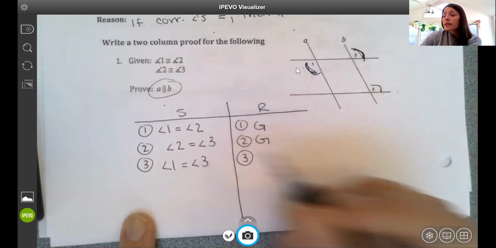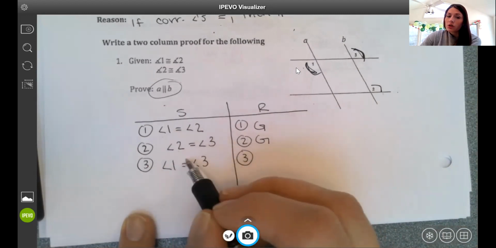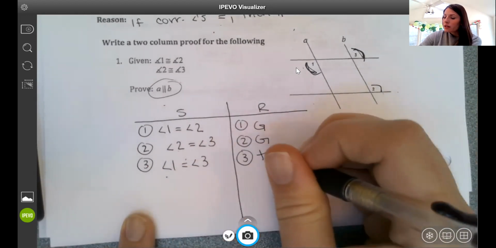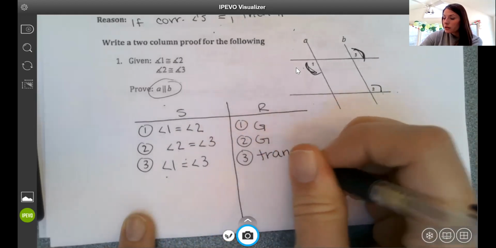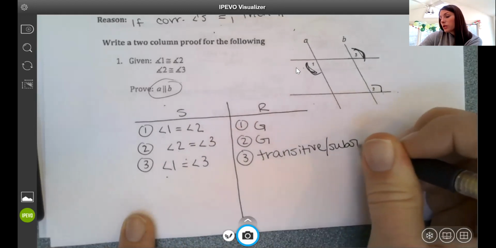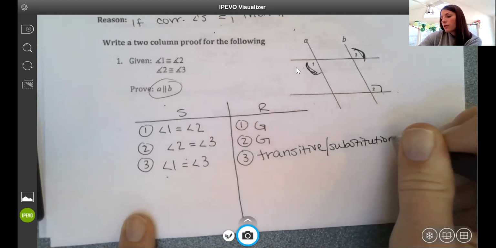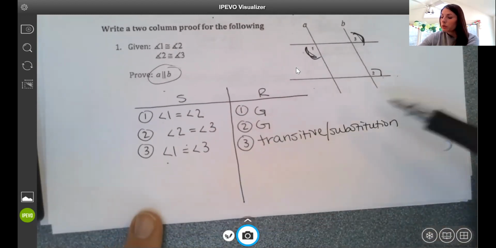Now, I would take substitution because technically you could say 1 and 2 are equal, so I could substitute 1 in. But really that's that special where it's like a chain and they're linked together, that transitive property. I'll put substitution here as well. I would really take either one if it was a fill in the blank proof.